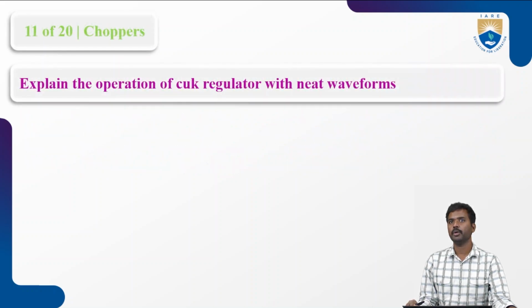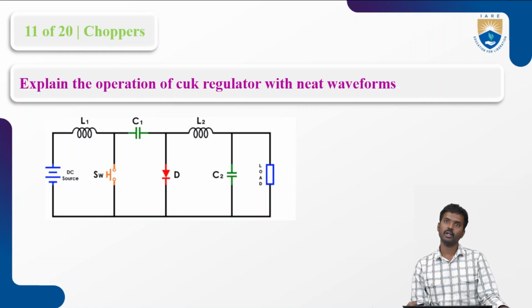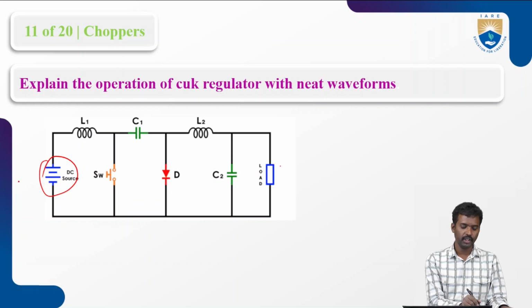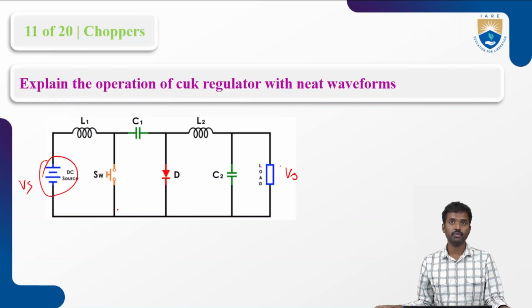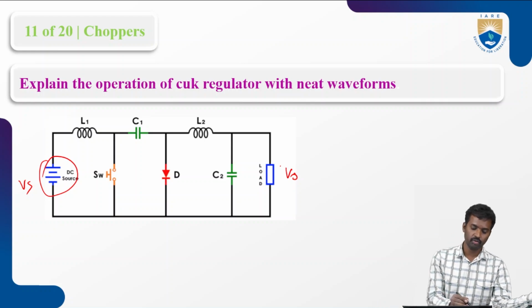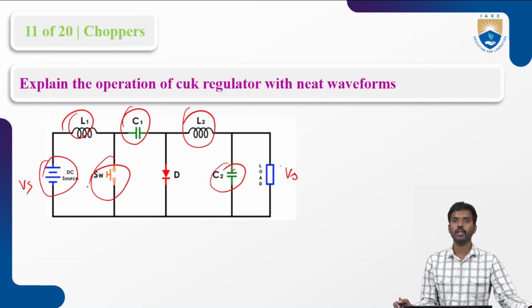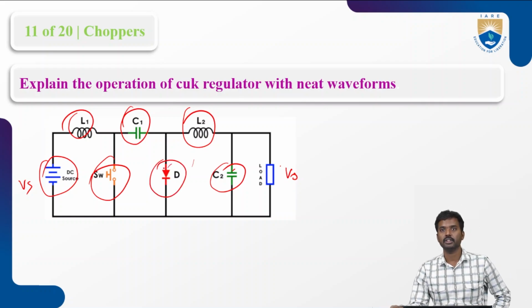And explain the operation of the Cuk converter. This is the circuit diagram for the Cuk converter, with input voltage Vs and output voltage V0. In this we use two inductors, L1 and L2, two capacitors, C1 and C2, one switch, and one diode in the downwards direction.